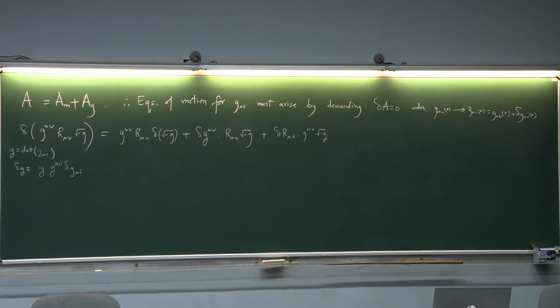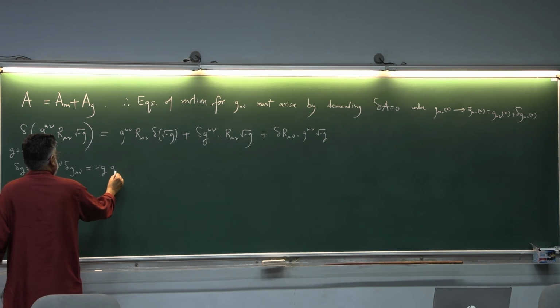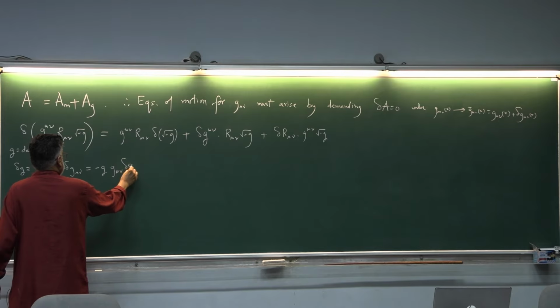And obviously the variation in the determinant of g is the same as minus g G_{mu nu} delta G^{mu nu}.